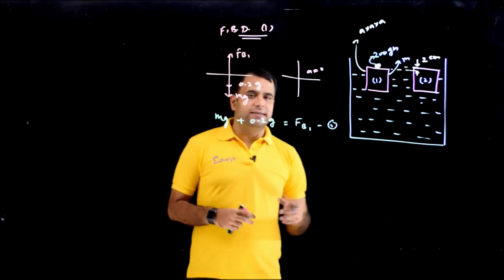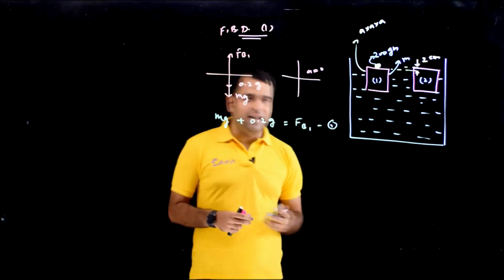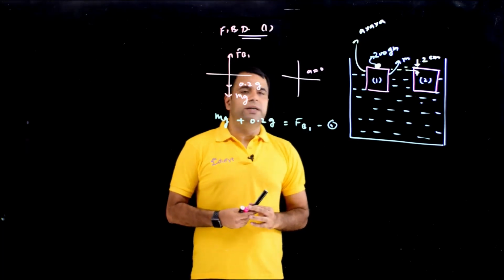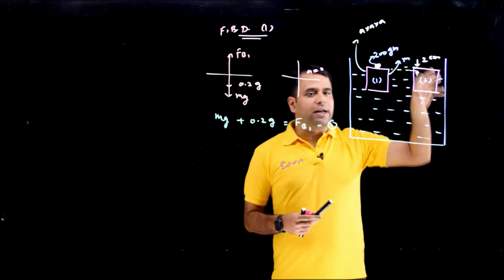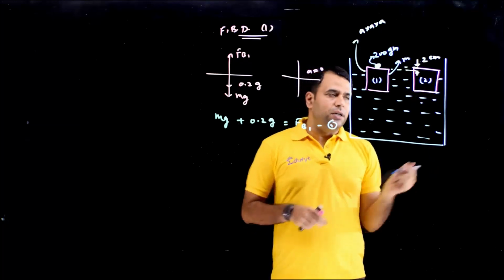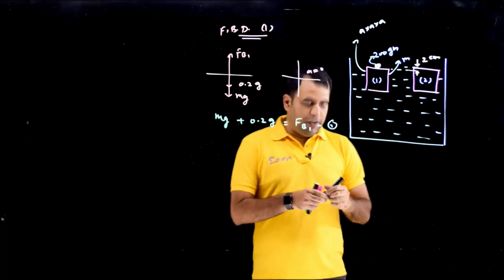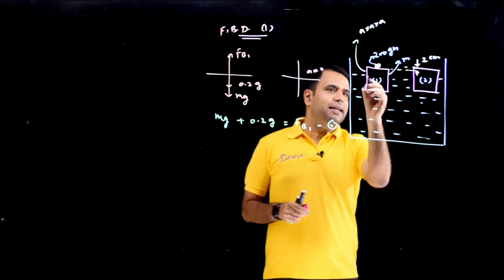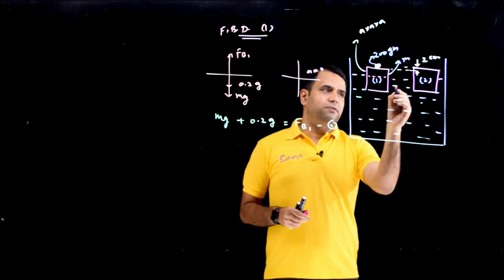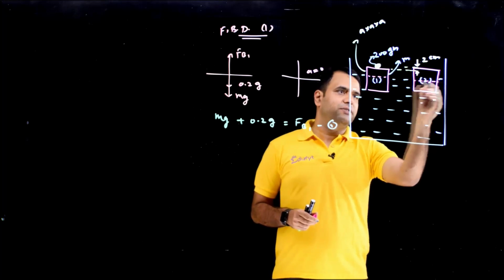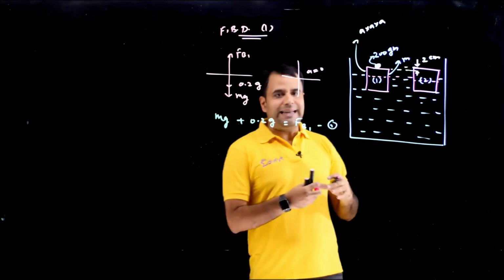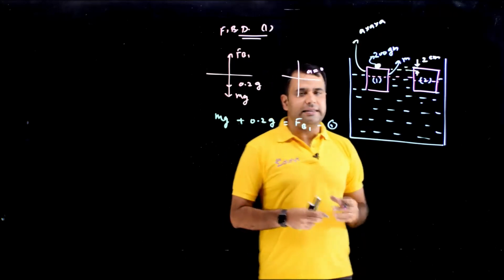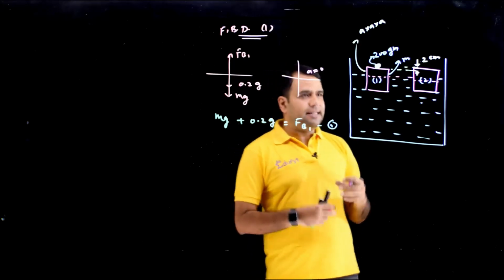In the second case, I'm removing this 200 gram, and because of the removal of 200 gram, the body is going up. So the displaced volume of liquid, in this case, this is the displaced volume, and in this case, this is the displaced volume. So you see, in the first case the block is displacing more volume, and in the second case the block is displacing less volume.